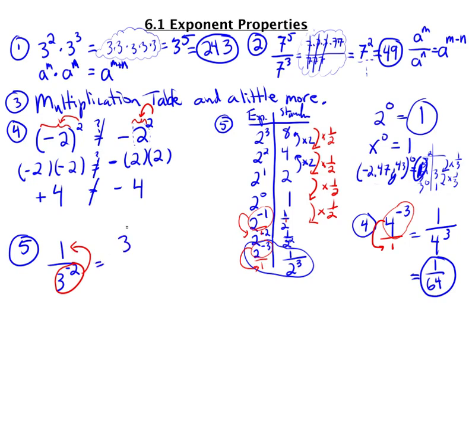So don't get caught changing that negative to a negative 3. The exponent does not do any of that, and it's over 1 because we can leave a filler there. So 3 to the second power is just 9.